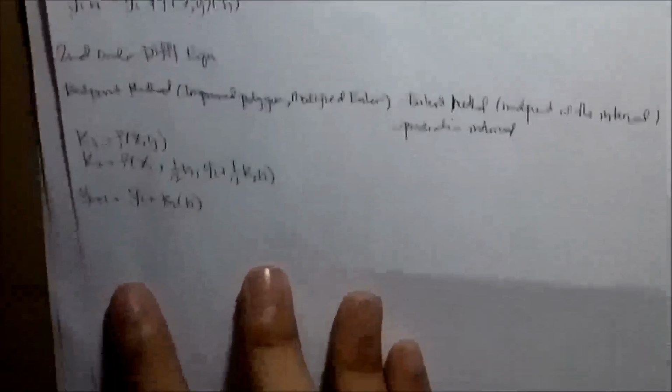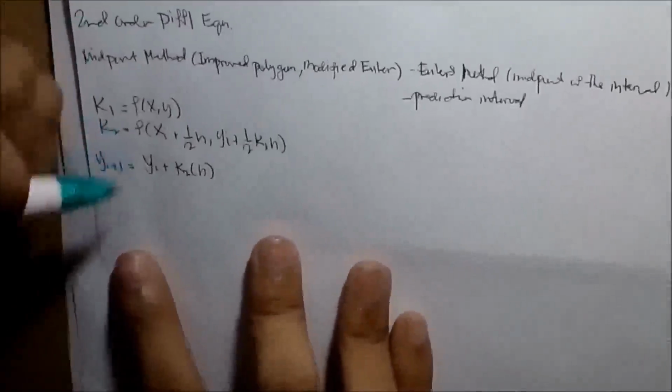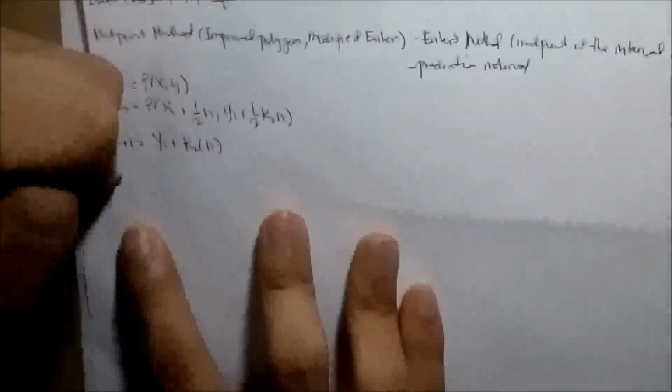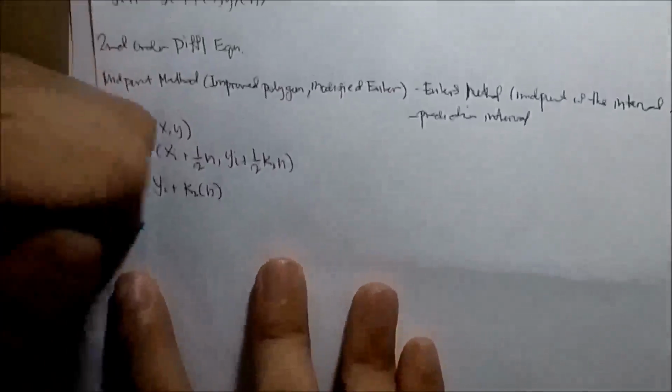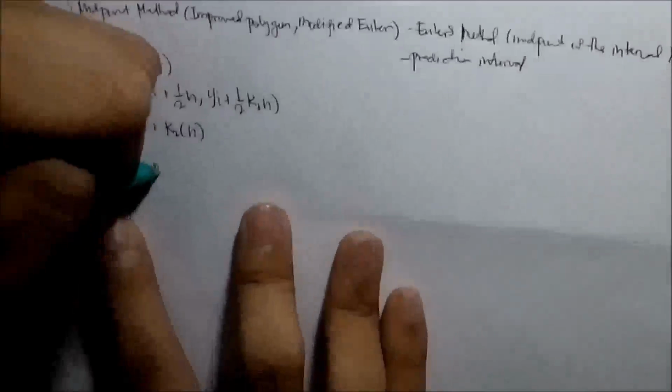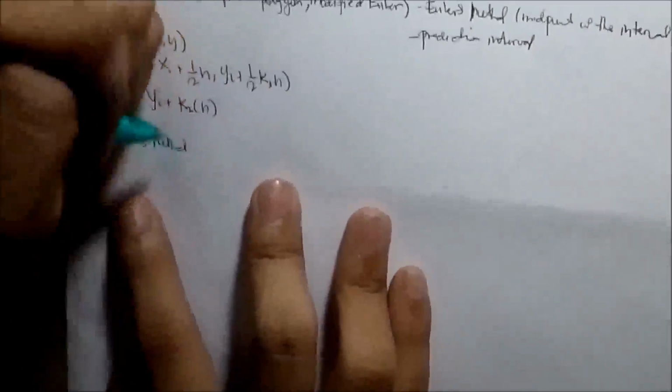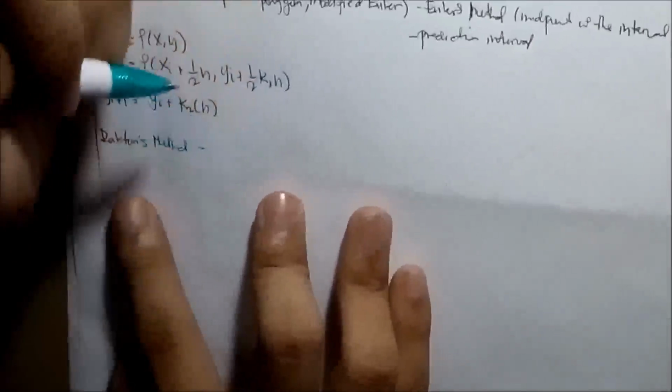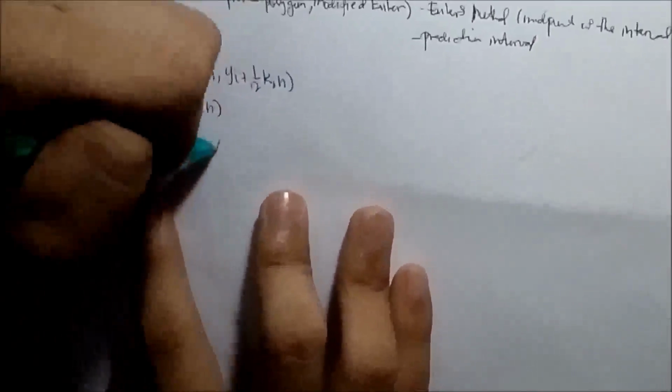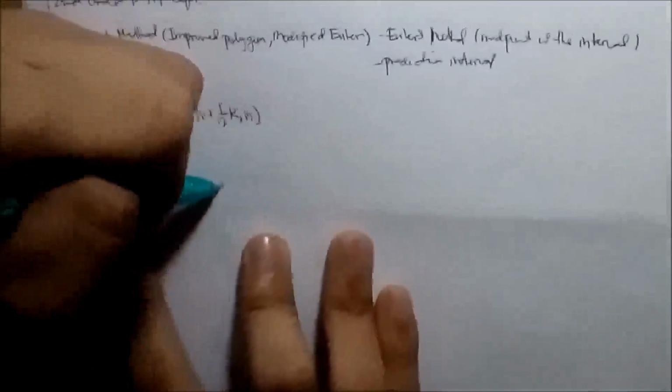Next, another second order differential equation is the Ralston's method. It is a second order method and a part of Runge-Kutta method.